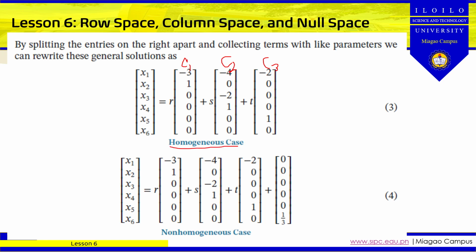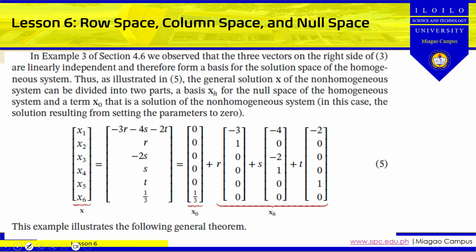The same with the non-homogeneous. However, the difference is that in the non-homogeneous system, there is a non-zero value of b, while in the homogeneous system, the value of b is 0. All are zeros.